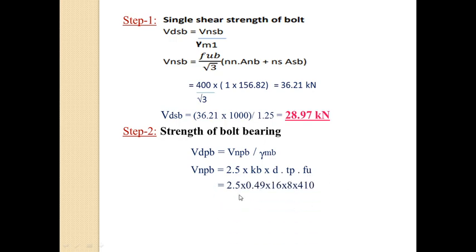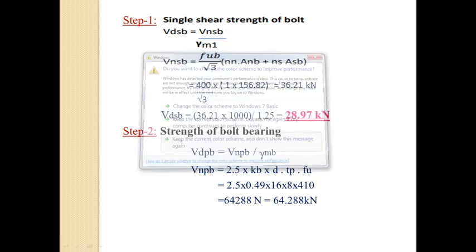Putting the values in the formula of VNPB, we get VNPB equal to 64288 Newton. So convert it into kilonewton. Here we are not calculating kb because kb is already given in the problem. So VNPB is equal to 64.288 kilonewton.